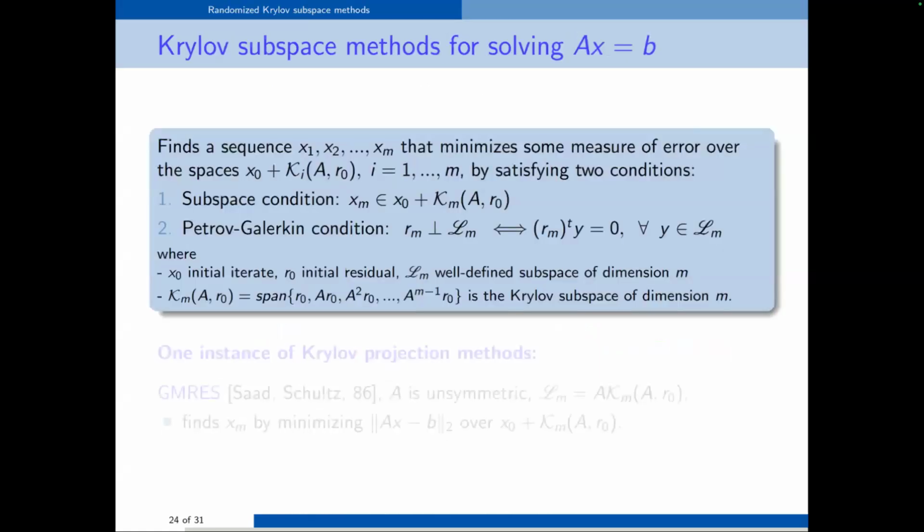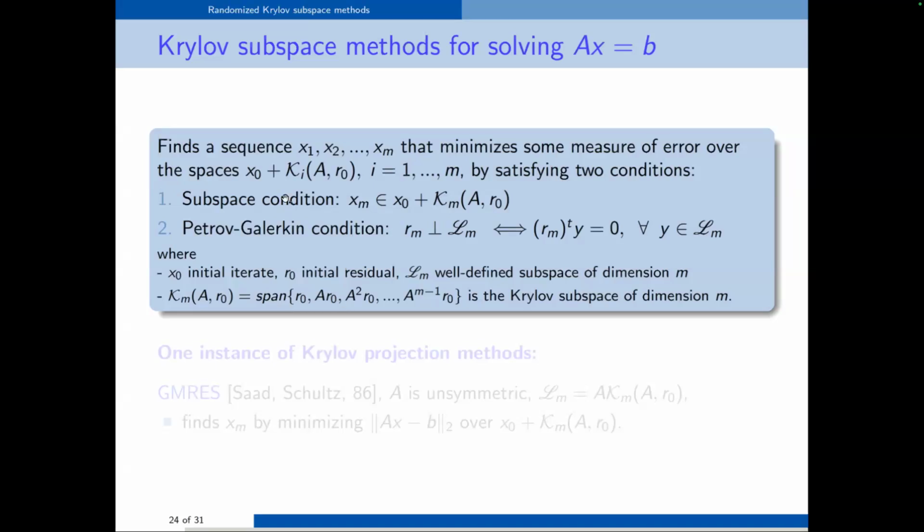And now how this can be done in Krylov subspace methods. When we want to solve a linear system, we start from an initial guess x0, and then we build a Krylov basis, which is a basis spanned by the initial residual r0 and powers of the matrix A multiplied with this initial residual.